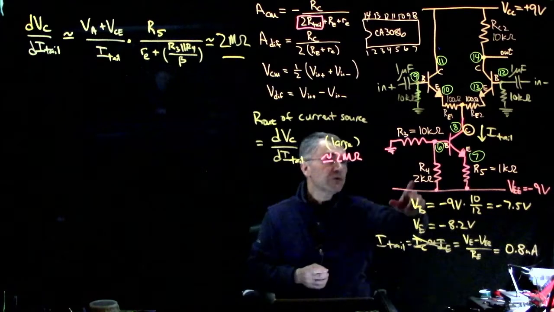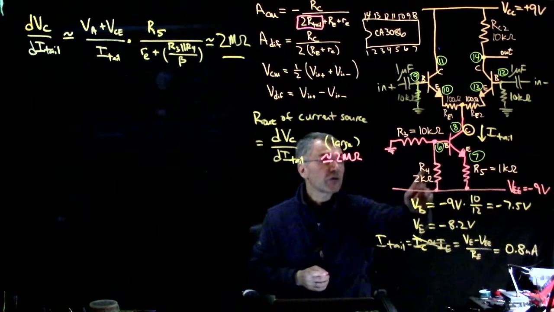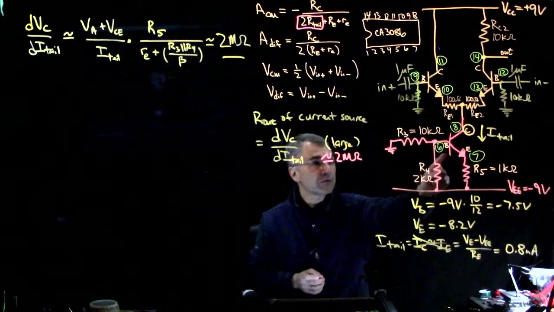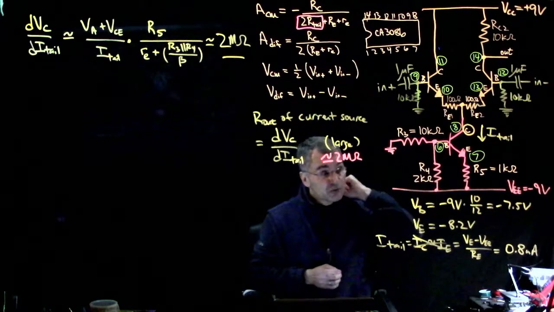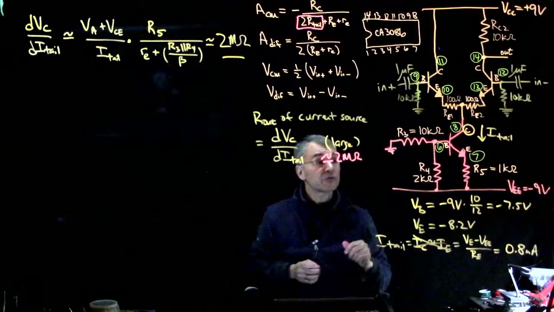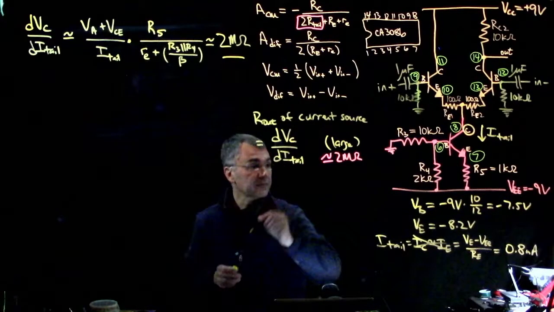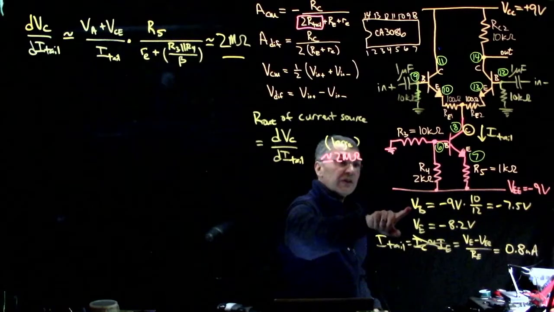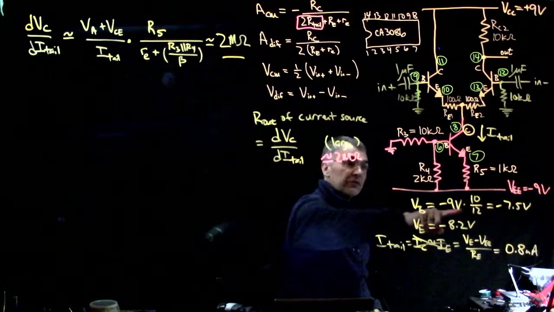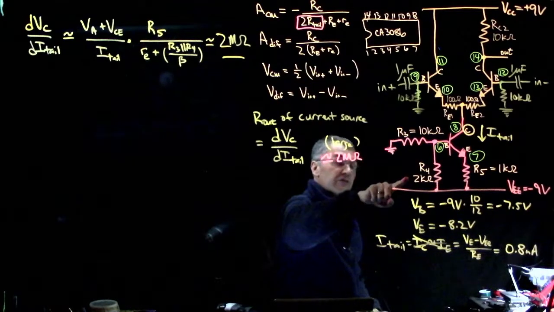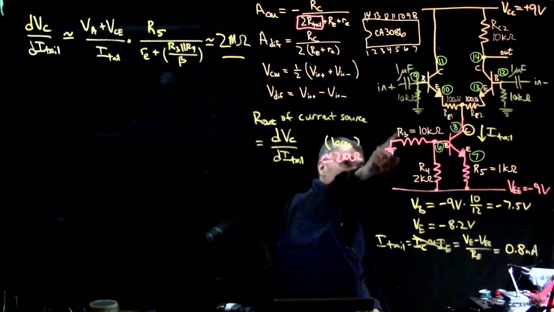So from the base, we have 10 kilo ohms to ground, and we have 2 kilo ohms to minus 9 volts. If you neglect base current, then the base voltage is minus 9 volts times 10 over 12, right? Because it's the voltage divider equation. That's 10K divided by 10K plus 2K.